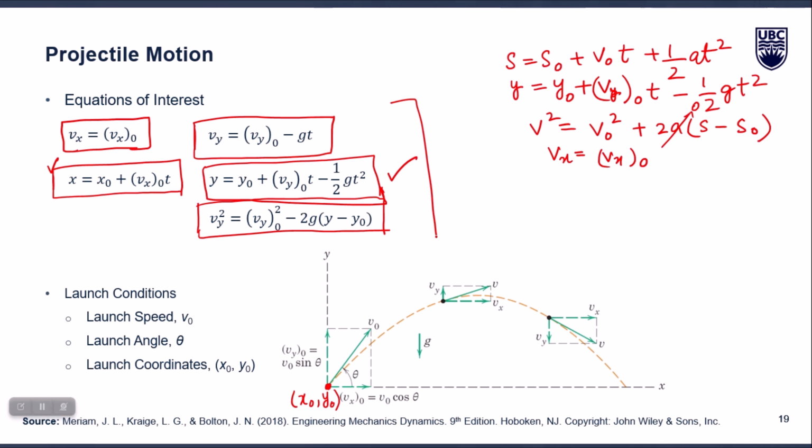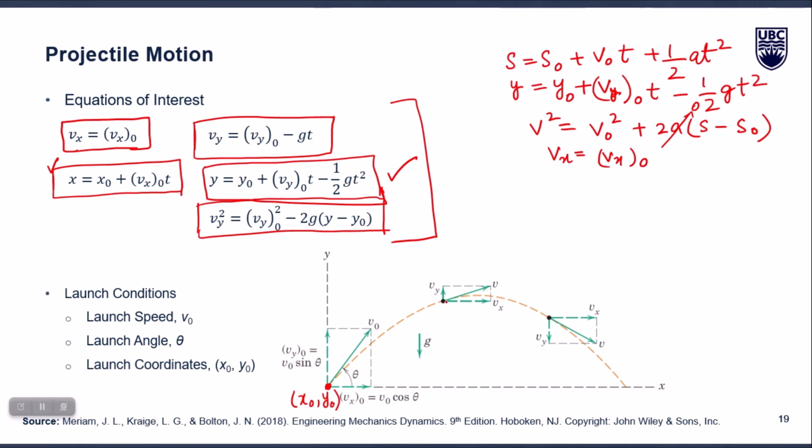These 5 equations we will be using in different forms to determine some unknowns for some given knowns of a projectile motion, right? For example, think of a problem where the initial velocity and initial angle are given, and you are asked to determine how much range that projectile will cover, or what is the maximum height the projectile will reach.